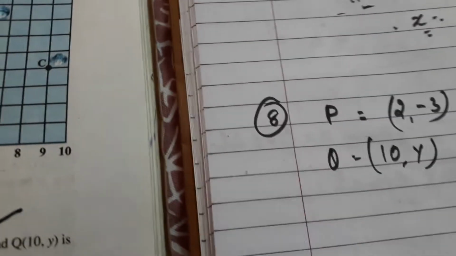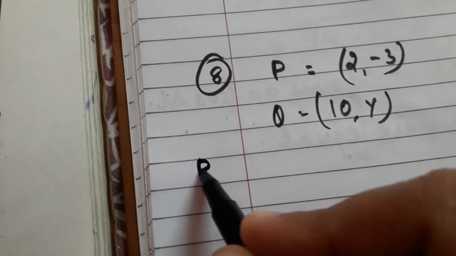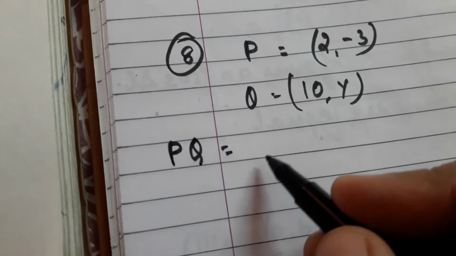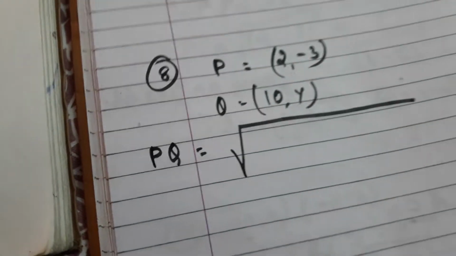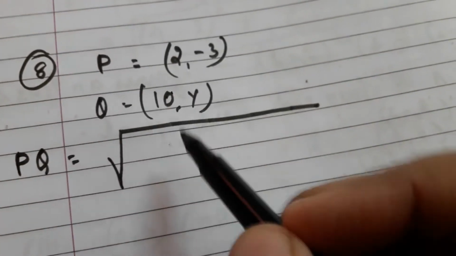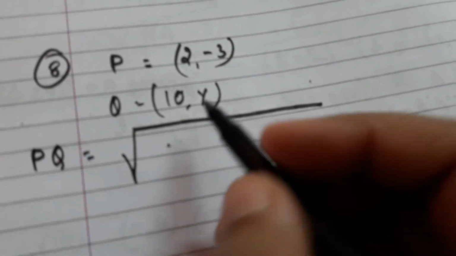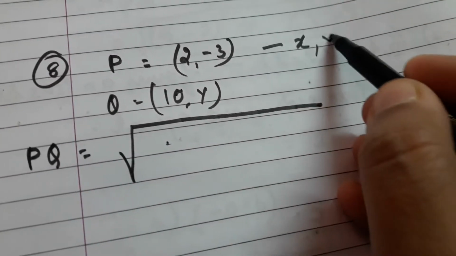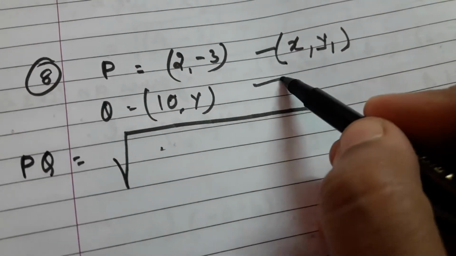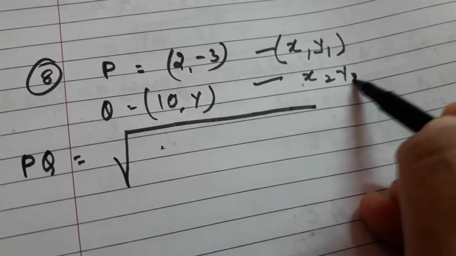Okay. Now they are saying the distance between them. Find the values of y if the distance between the points is 10 units. So let us start solving. We will apply the distance formula. Now when I apply the distance formula, here I get x2 minus x1. So here this is (x1, y1) and this is (x2, y2).